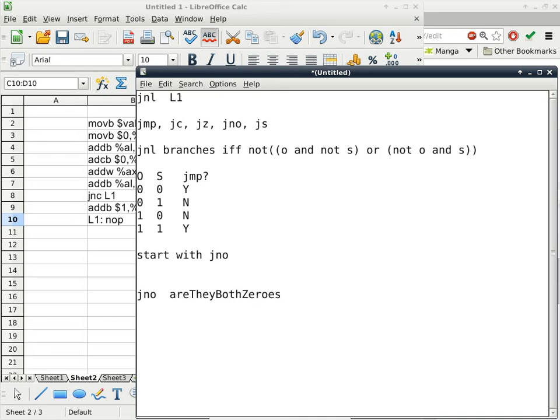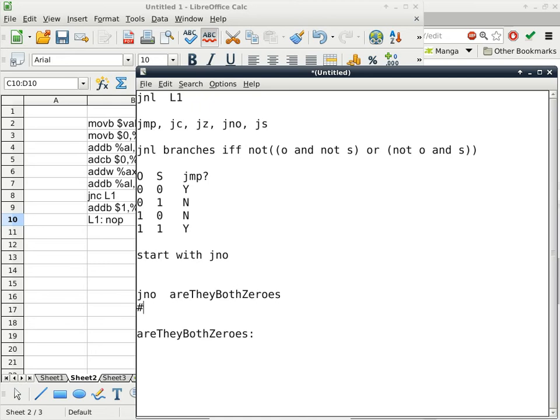Because that's what I should be checking at that label, whether the other one is also a 0 or not. So I'll just put a label here. Are they both zeros? And if I continue execution after the JNO, that means the branch did not happen, right? If the branch did not happen, what do I know about the overflow flag?